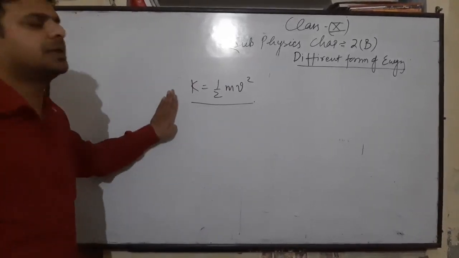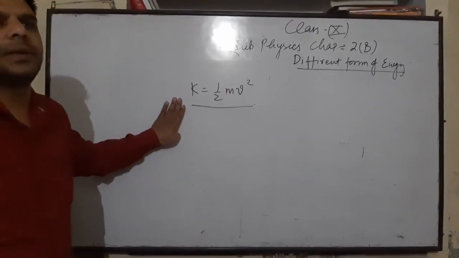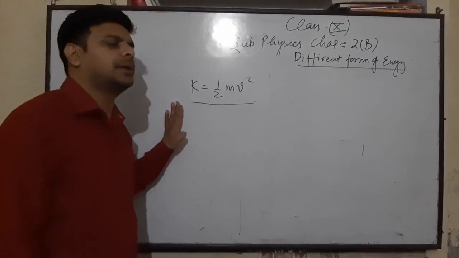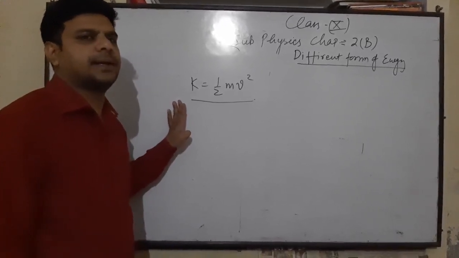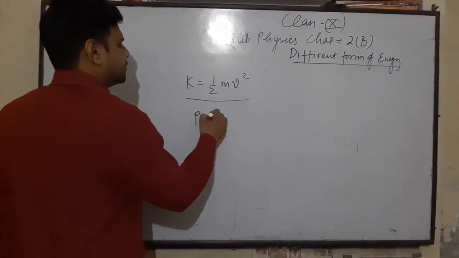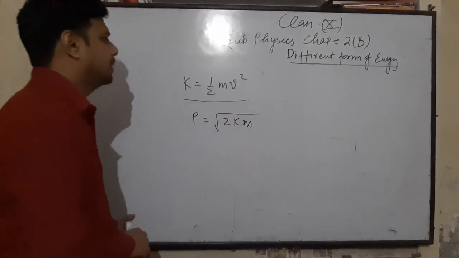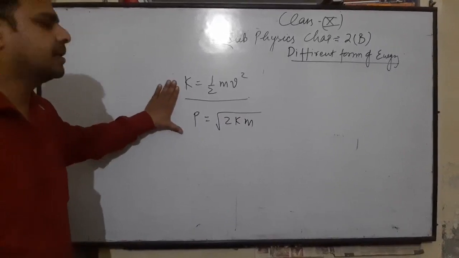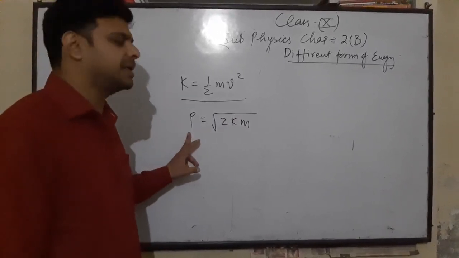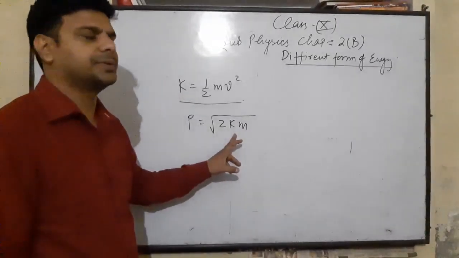We also discussed the proof of this expression and the relation between momentum and kinetic energy, which was P is equal to under root 2Km. It is the expression for kinetic energy, and this is the relation between linear momentum and kinetic energy.